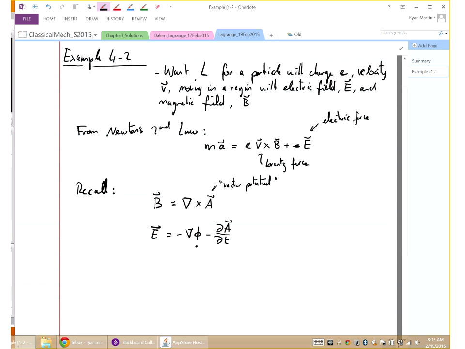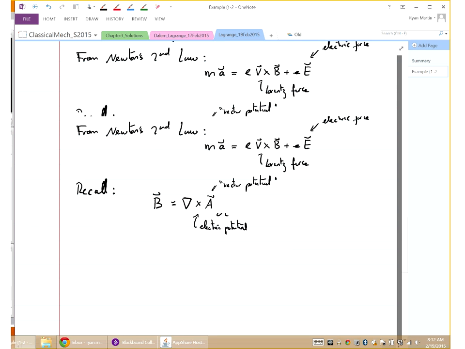So this is basically part of Maxwell's equations, right? So phi is the electric potential. And the ∂A/∂t is the Faraday's law, right? Changing magnetic field gives rise to an electric field. All right, so I'll take these as given.